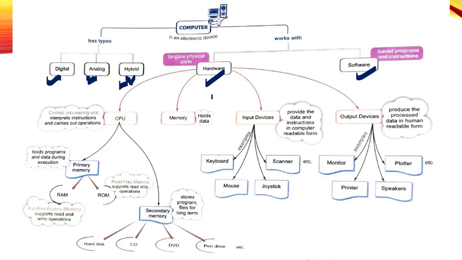As we have learned earlier, computer hardware is in 4 parts, that is CPU, memory, input devices and output devices. Earlier I told you that our CPU is the main part of our computer which processes data. CPU stands for Central Processing Unit. It interprets and carries out the instructions. Then in the CPU we have two types of memories which are used, primary memory and secondary memory.